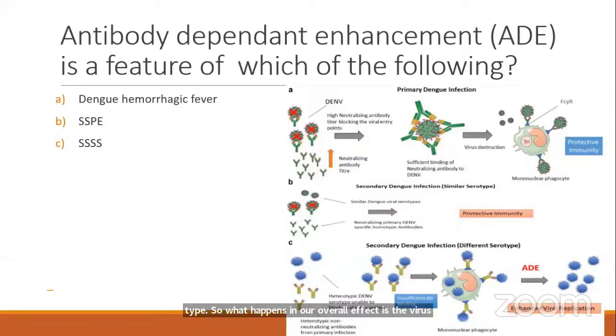There will be no one to protect against the second serotype infection. The virus will go haywire and cause destruction in all the body parts. That phenomenon is called antibody dependent enhancement. This is also applicable in case of SARS coronavirus 2 infection. So the answer is dengue hemorrhagic fever.